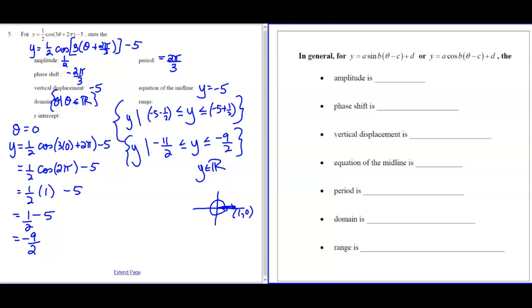Okay, so now general cases for y equals a sine of b, bracket theta minus c, or cos. Basically all the transformations, the sine and cos. Doesn't matter if it's sine or cos, the amplitude is the absolute value of a.